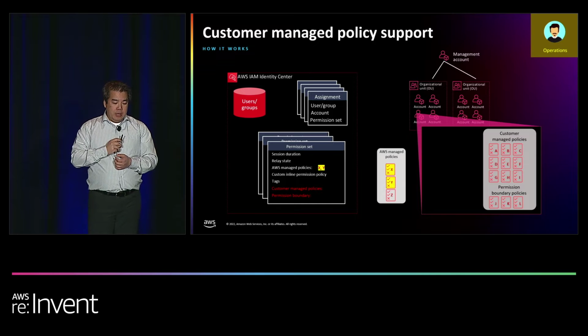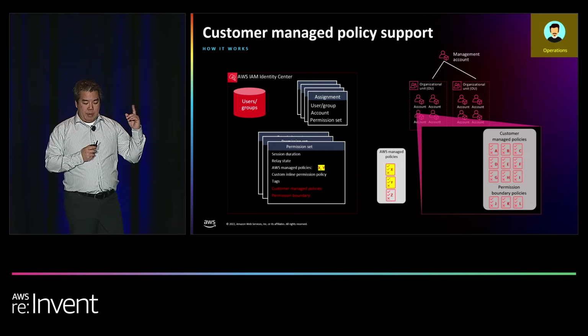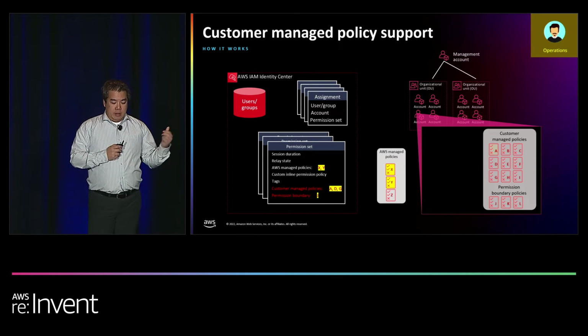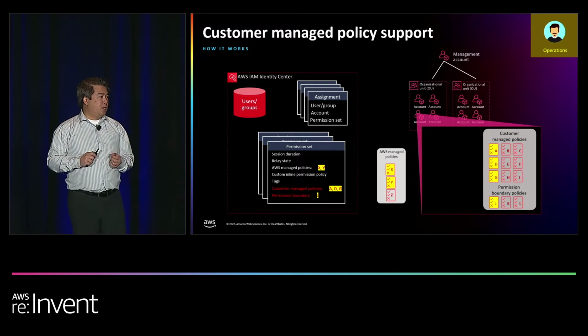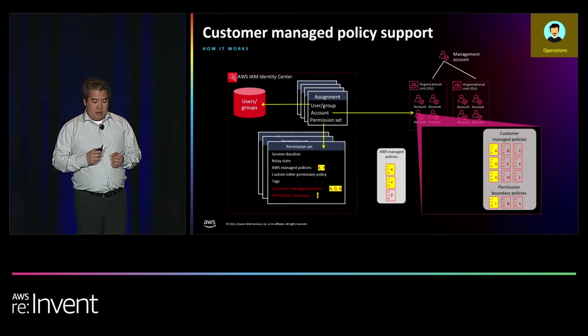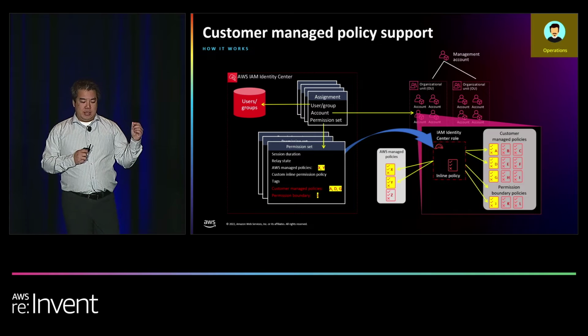So let's go ahead and try this out. In this example, I'm going to take X and Y. Those are policies that AWS has provided me. I'm going to take customer managed policies A, D, G, and the permission boundary I. I've created that as a permission set.